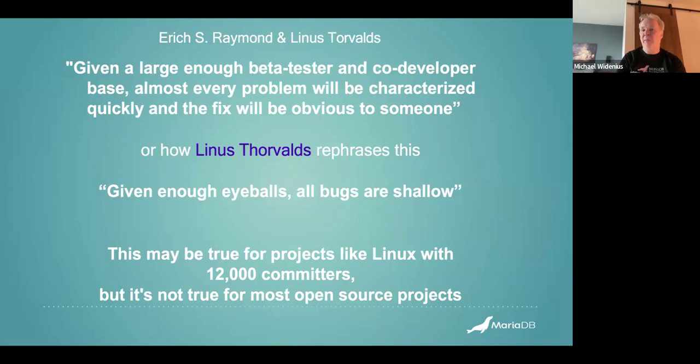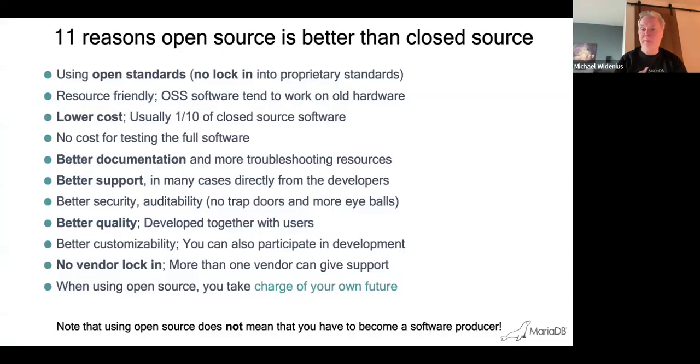And Eric Raymond emphasized that code reviewers will make the code better, but that is only really true in really big projects where there are lots of participants, because then all code will be moderated, checked on, and so on. Smaller project, not so much.